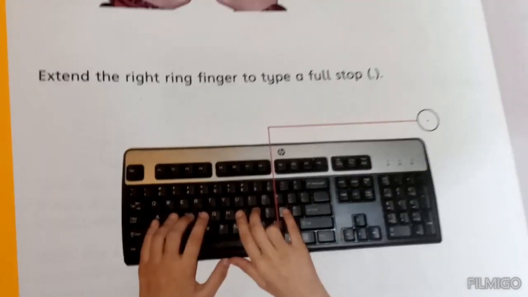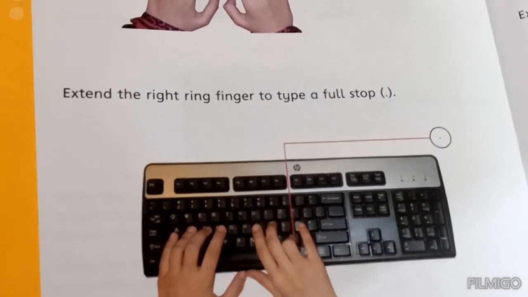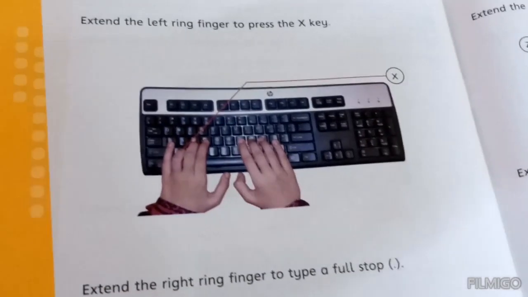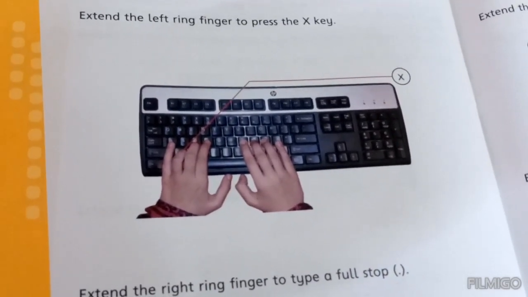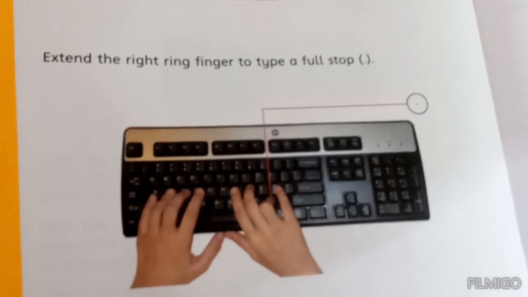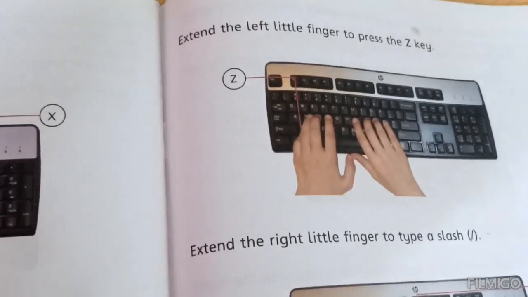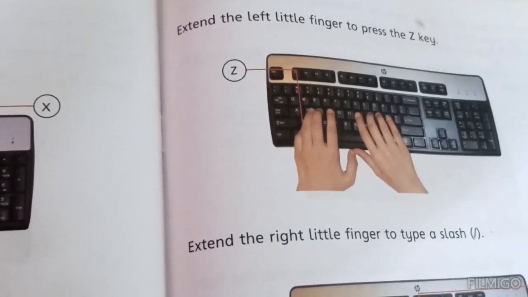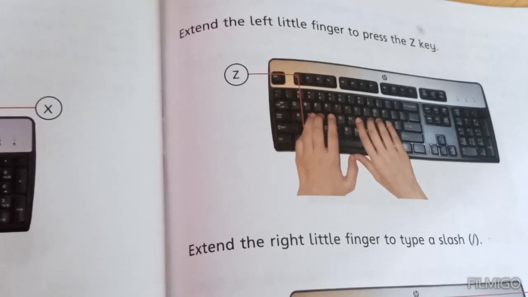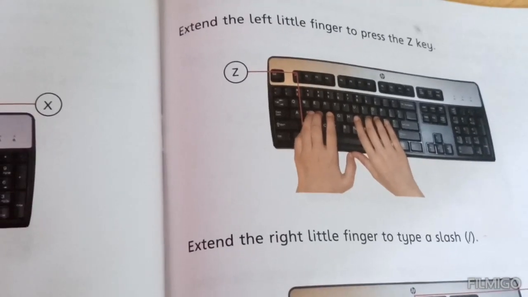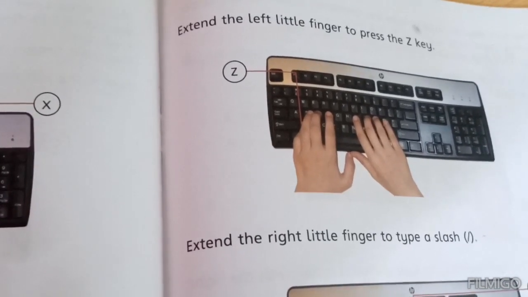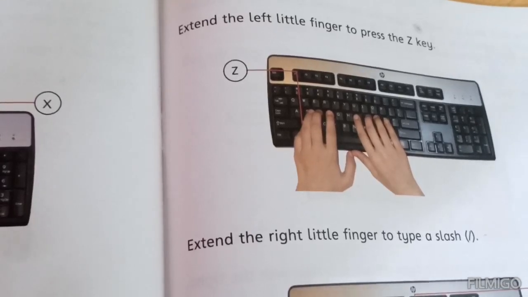Yes, good. You can see in these pictures that how Viz types the X key by using his left ring finger and types the full stop symbol by using his right ring finger. Now on your page number 67, extend the left little finger to press the Z key and extend the right little finger to type a slash.